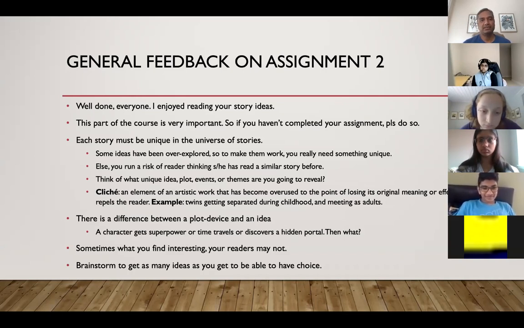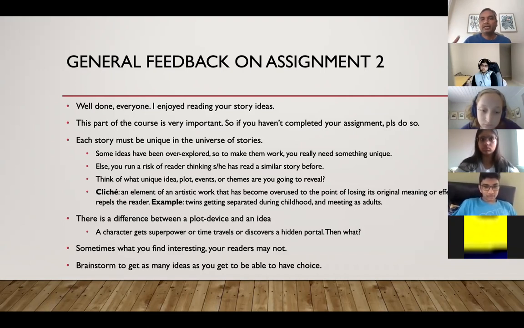It's totally fine still to have one of these as part of your story, but your story can't have these cliches as the main hook, right? Like in the movie Interstellar, they use the idea of time travel and getting stuck in time, whatever, time loop, whatever you want to call it.